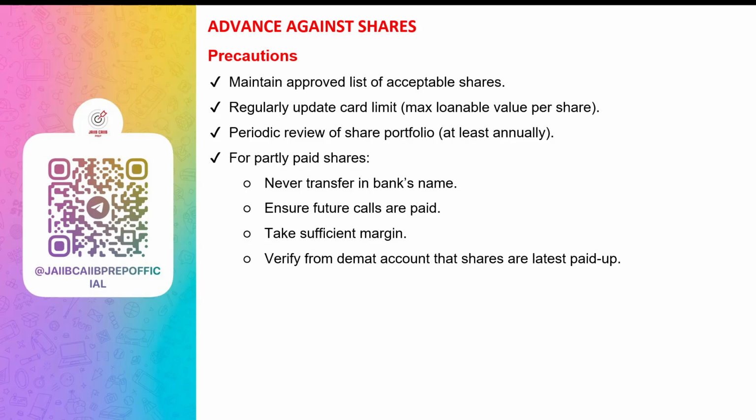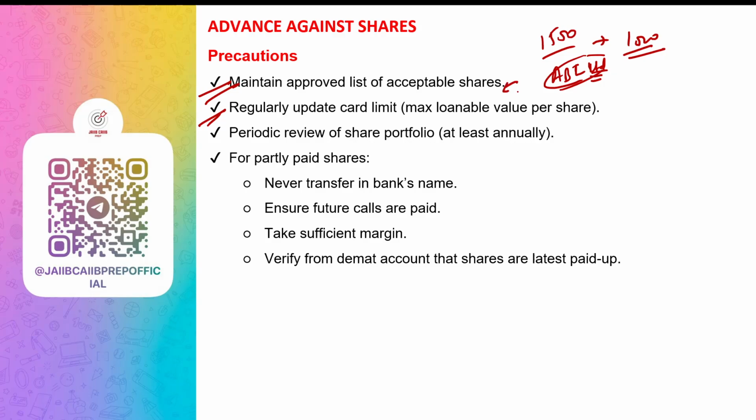Precautions which are required to be taken by banks: maintain an approved list of shares that the bank will accept. Update the card limit, so the maximum loan allowed per share, regularly. For example, if the share of Infosys is 1500, the bank will provide say 1000. If the share is of a particular company which is newly listed, say ABC Limited, the bank will not provide loan against the share of this company.